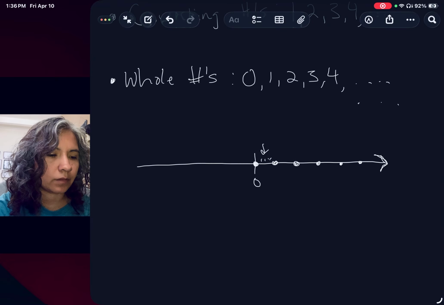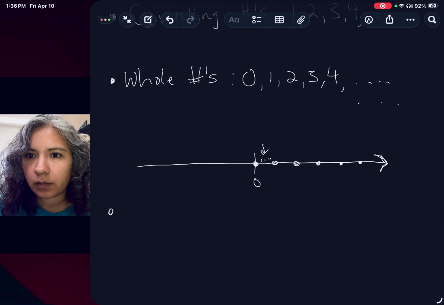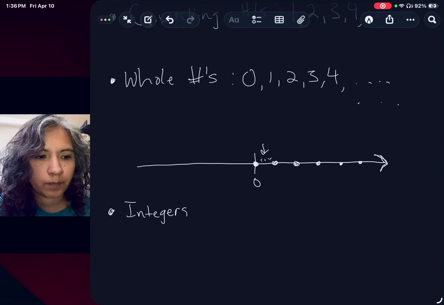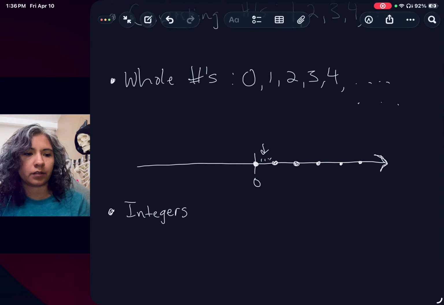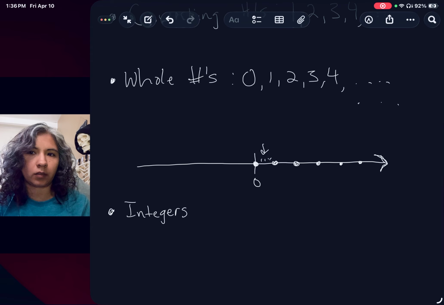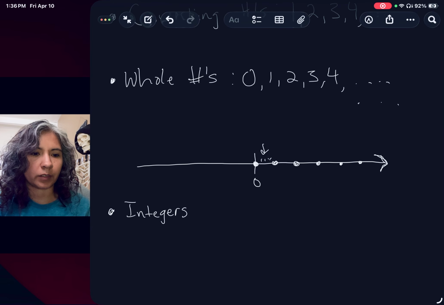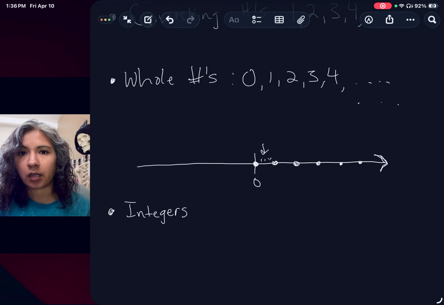The next group of numbers are integers. Integers include all whole numbers and their opposites.